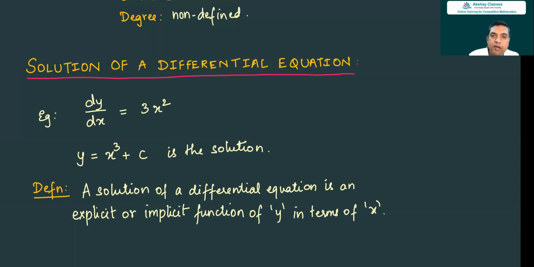Here we are talking about, by the way, ODEs. For a partial differential equation, the solution will be the implicit or explicit function, whatever the function u or v or w, of the dependent variable in terms of the independent variables.